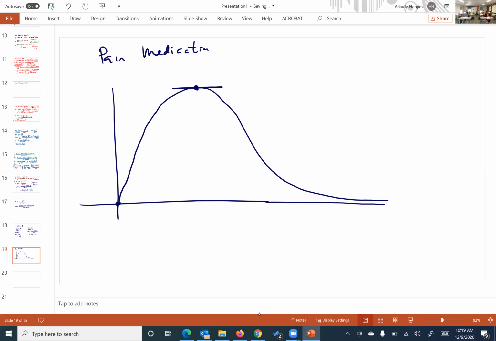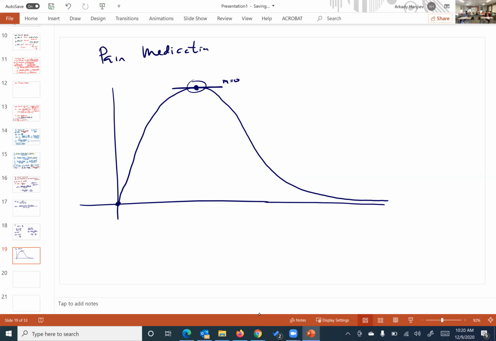Absolutely, the maximized amount of pain medication in the bloodstream. After that, it goes down. So slopes of 0 in calculus are important to us, because that means it hit either a maximum value or a minimum value. If you're in business, you just hit your minimized costs, or you just maximized your profits. So these maximums and minimums are really important, and that's what we're going to try to find.